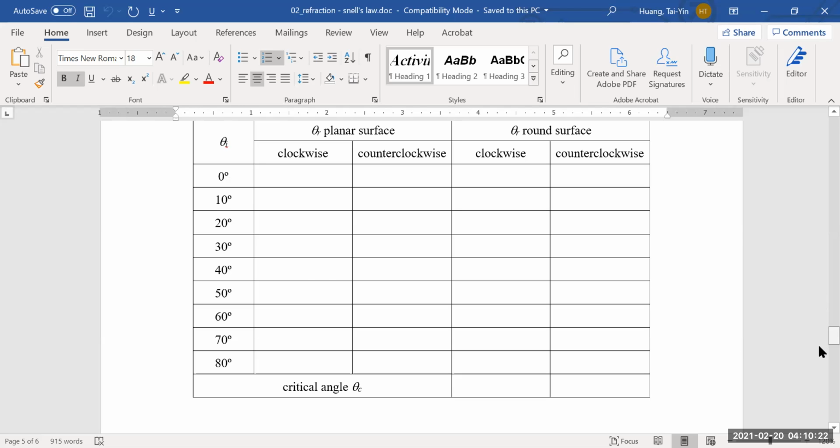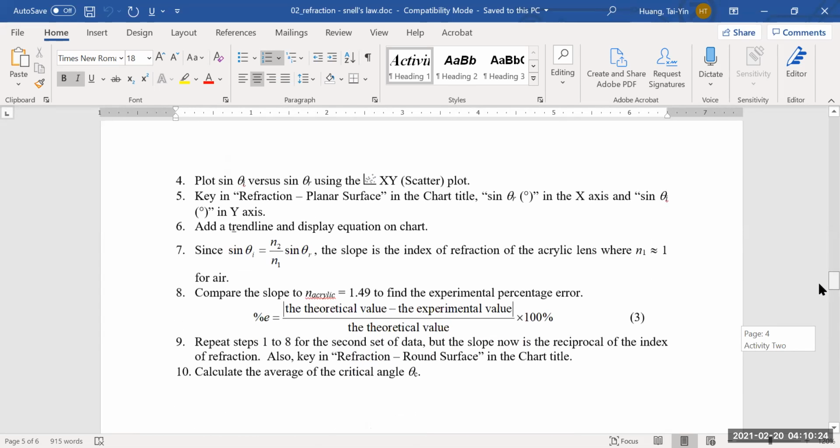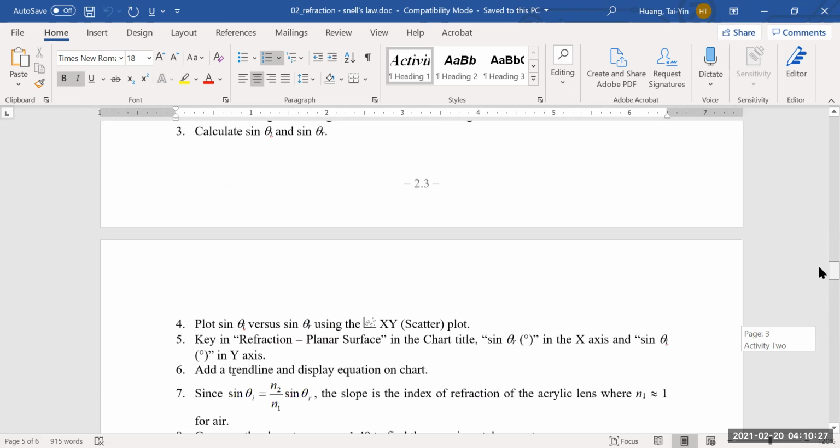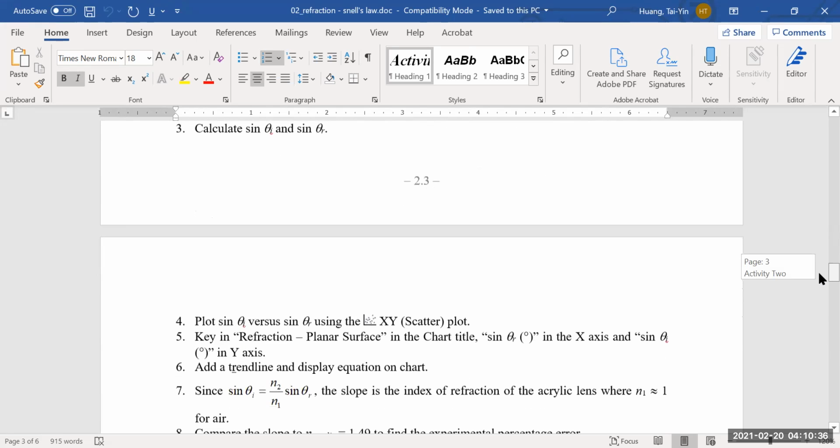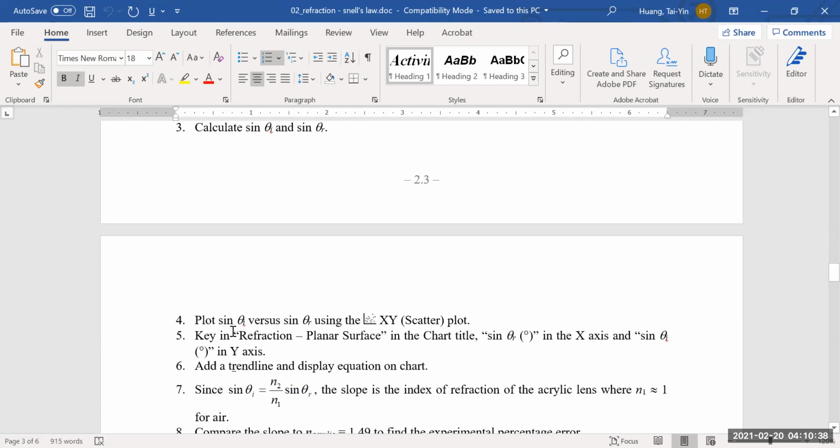Once you have that, you're going to calculate sine theta I and sine theta R, using the average value of the angle, and then plot sine theta I versus sine theta R for both scenarios.